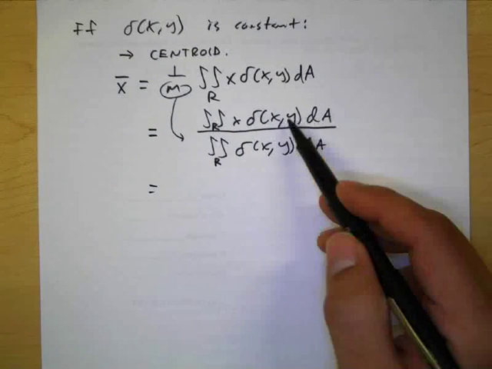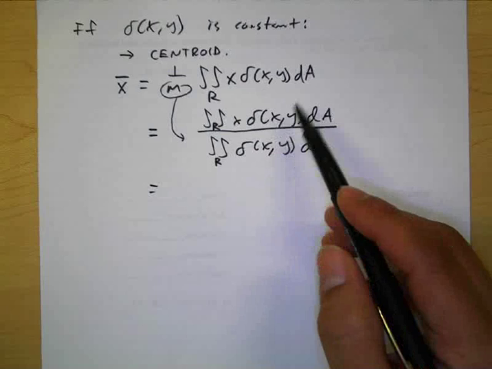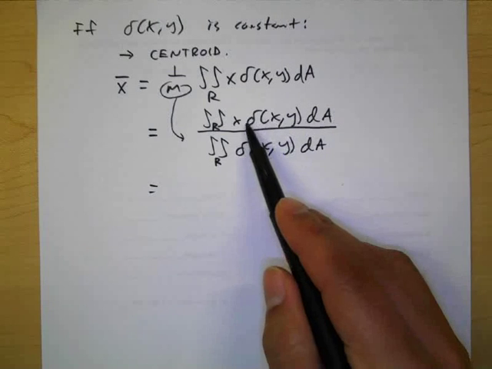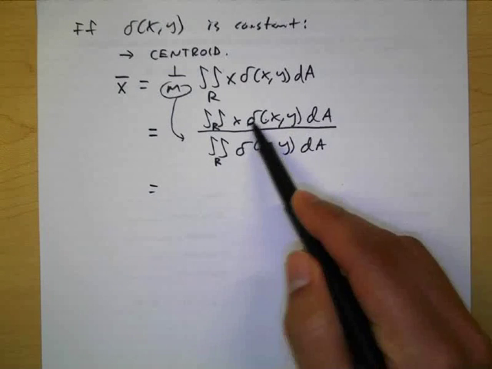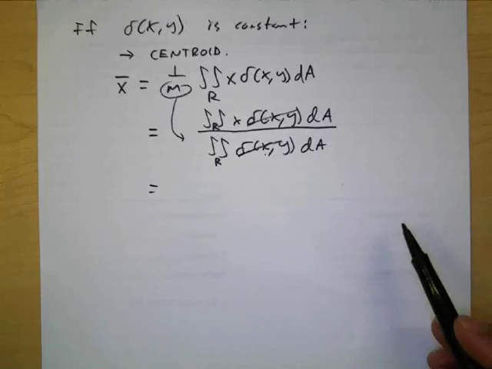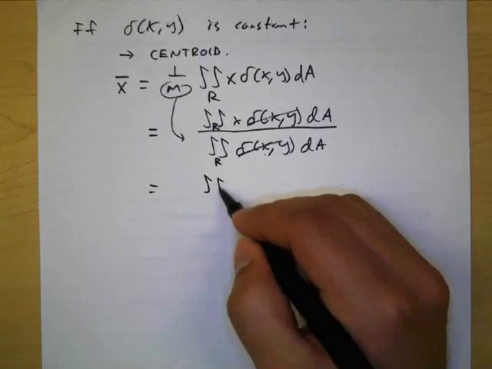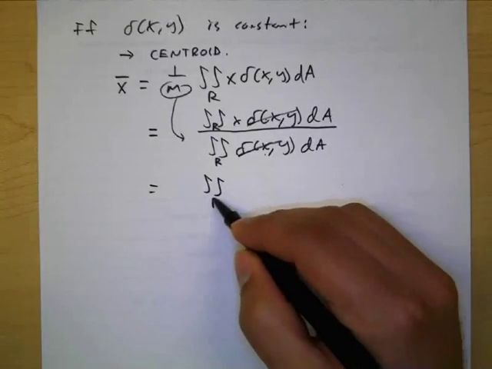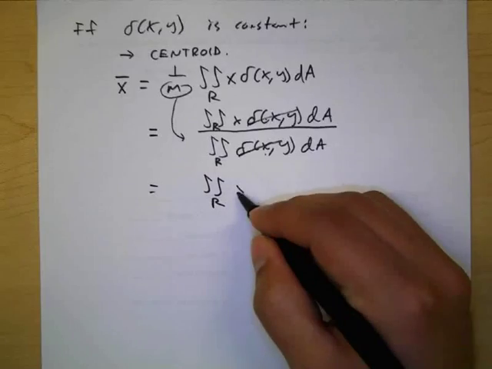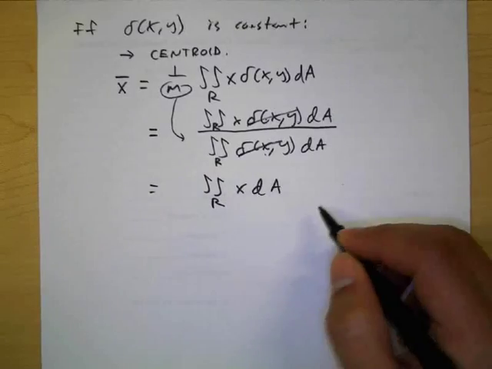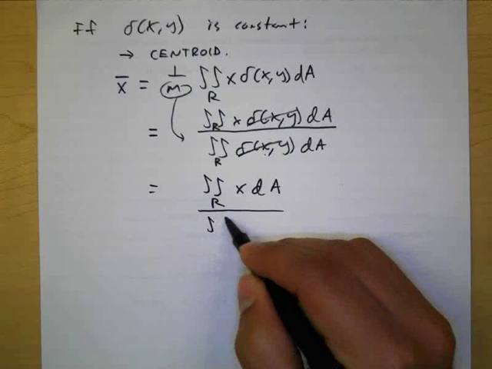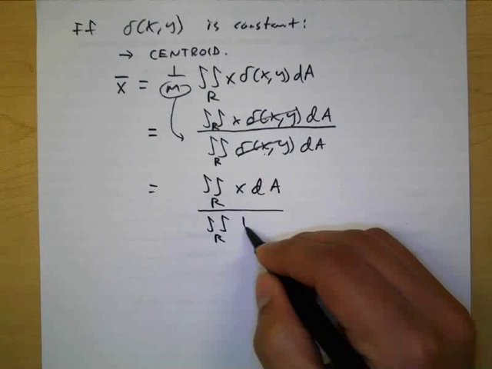The fact that the density function would be constant means that these would what? These would cancel out. So then what you're left with is the double integral over region R of x dA over the double integral over region R of 1 dA.